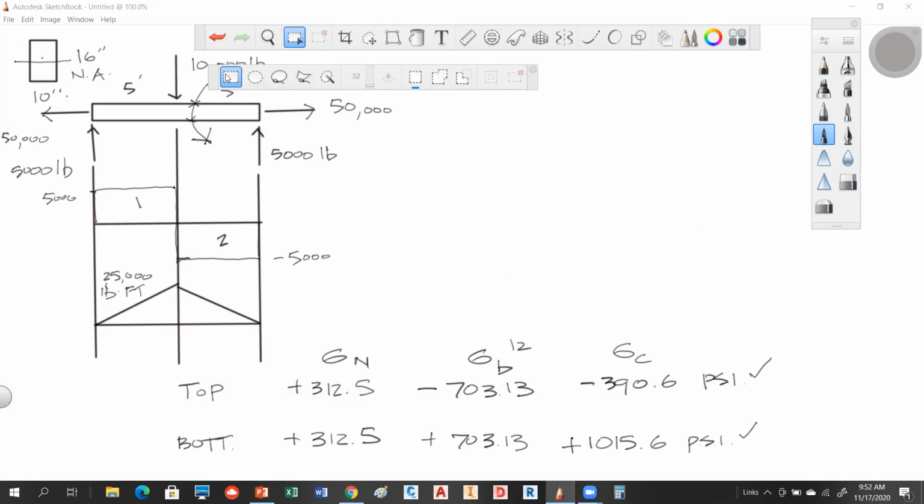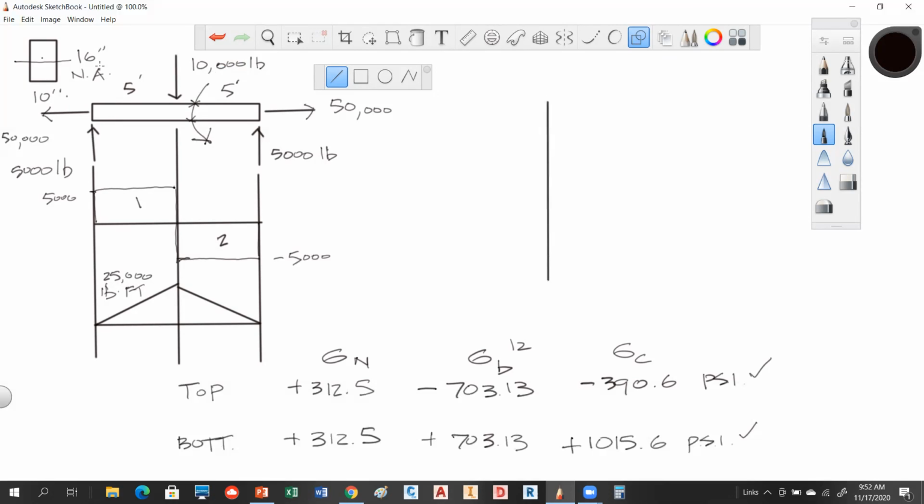Okay, so you can generate a graph that's showing you what's going on through that cross section. So let me draw a diagram here. So if this distance represents the distance from that edge to that edge, okay? That's the 16 inches. And this is the vector in compression. And this is the vector in tension.